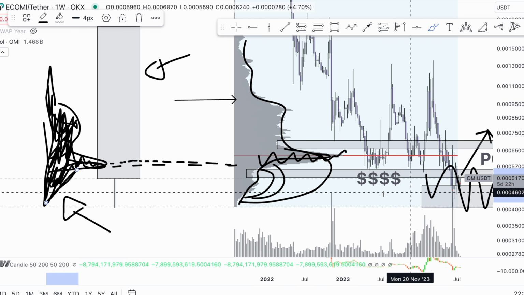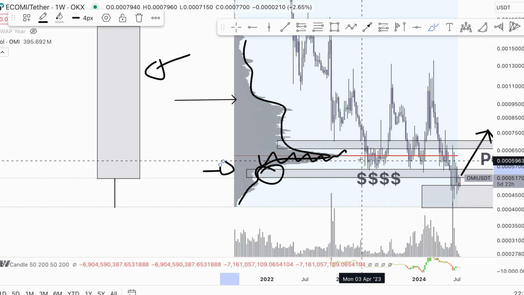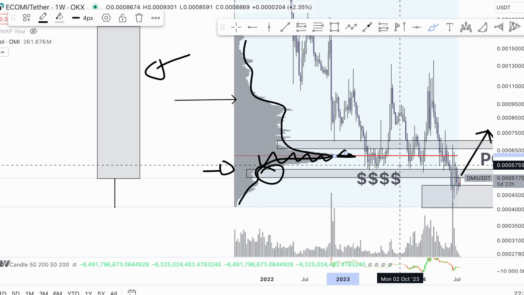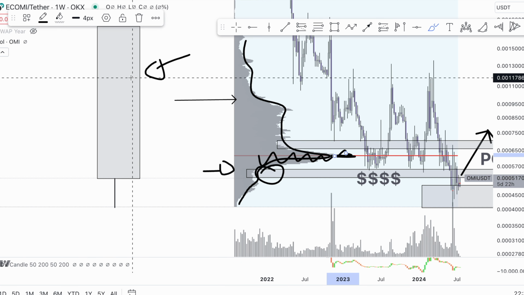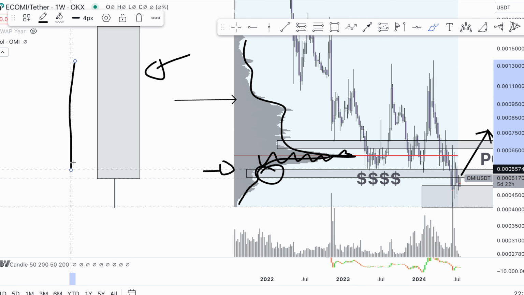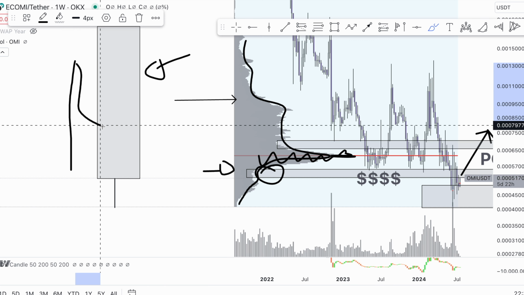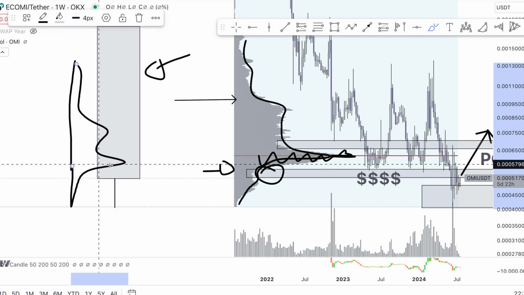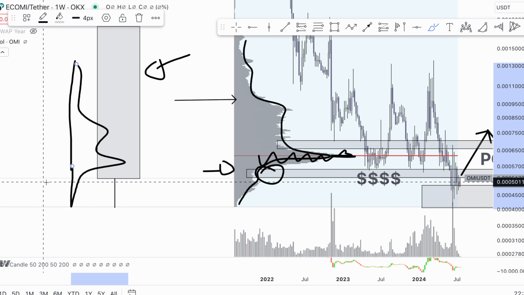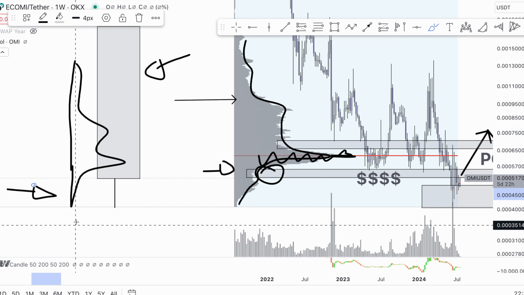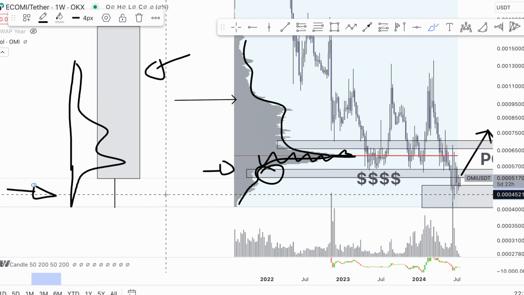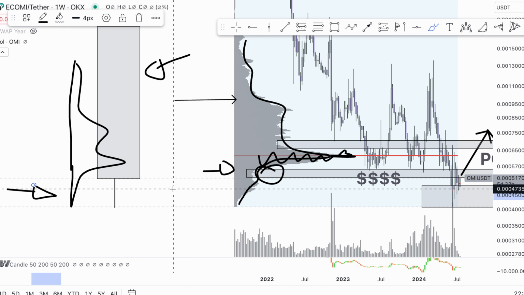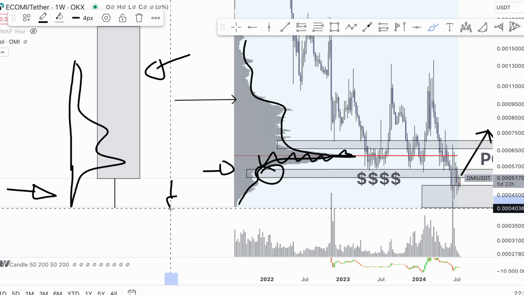So that means there is a high probability we're going straight towards the point of control. Remember once again, guys, the volume profile is a very unique way of looking at where the majority of the market has been transacting for a long period of time. If this is my volume, and we're seeing low volume on the bottom and no one following through, when I say follow through, I want to see if a lot of sellers are interested in pushing the price lower.